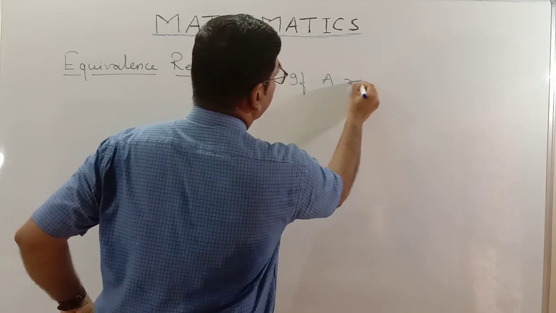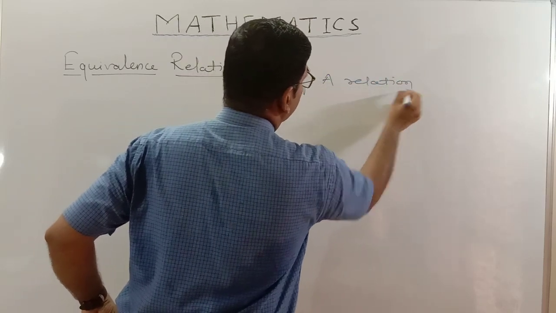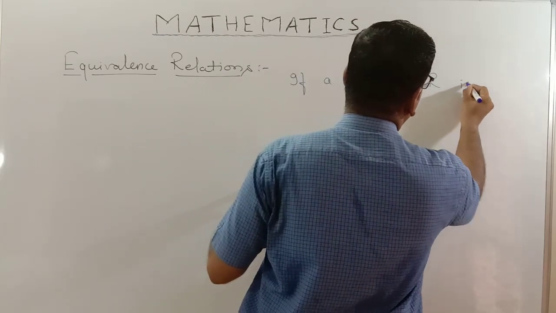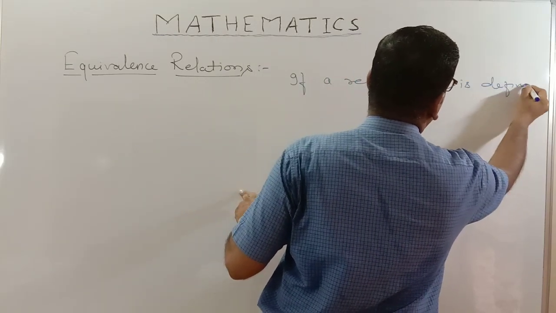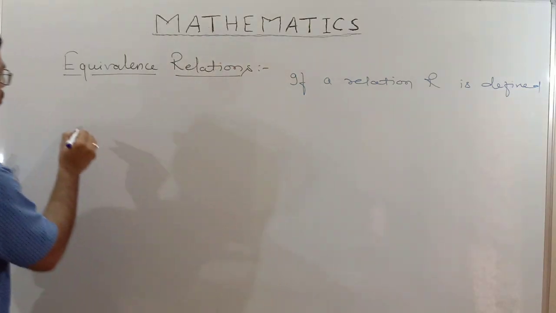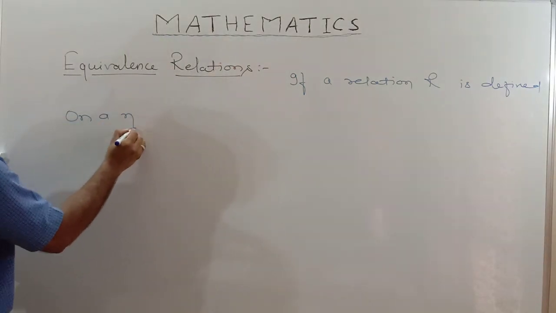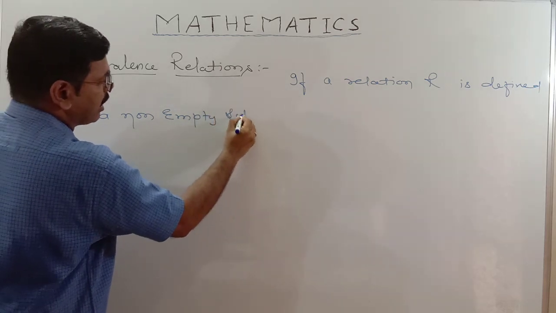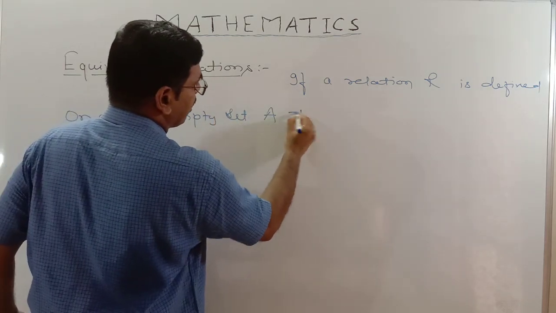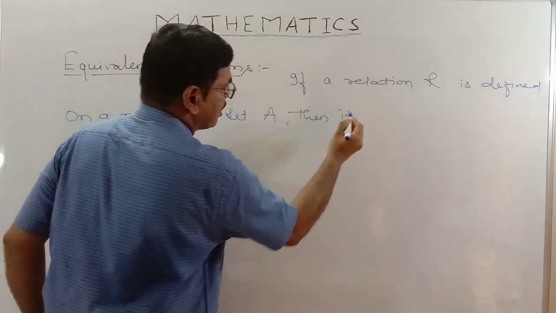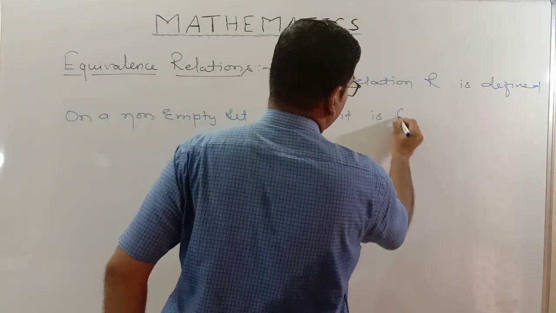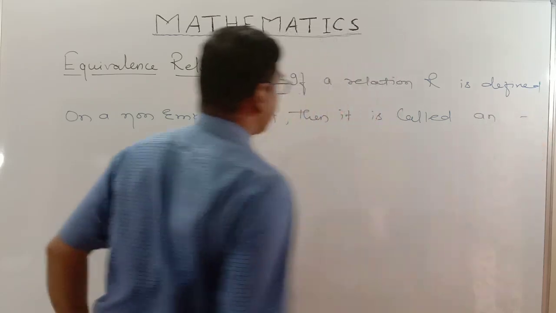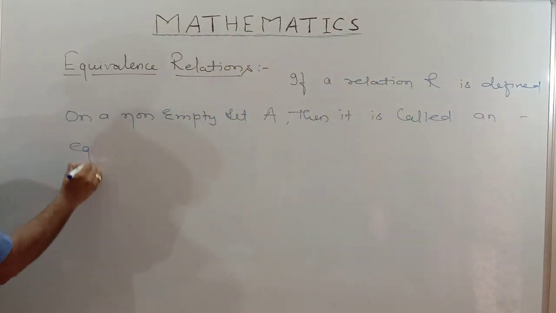If a relation R is defined on a non-empty set A, then it is called an equivalence relation.